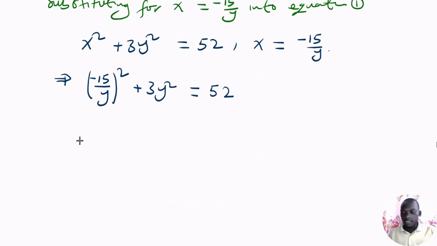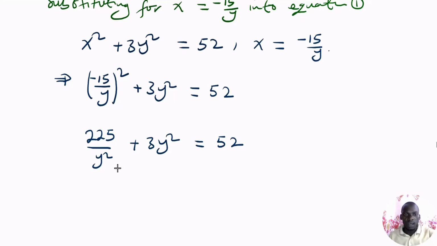This is the same as 225 divided by y squared plus 3y squared equals 52. We can now try to form an equation.